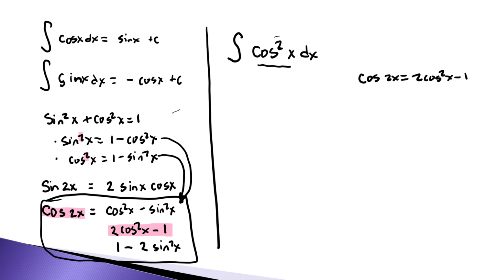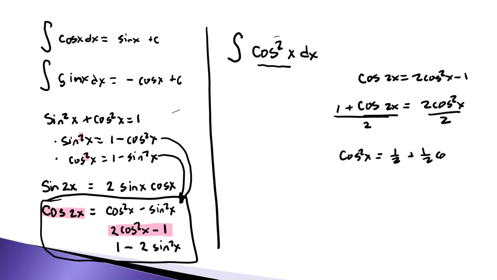I'm going to add 1 to each side. Cosine 2x plus 1 equals 2 cosine squared of x, and I'll divide both sides by 2. And this will give me cosine squared of x equals 1/2 plus 1/2 cosine 2x.